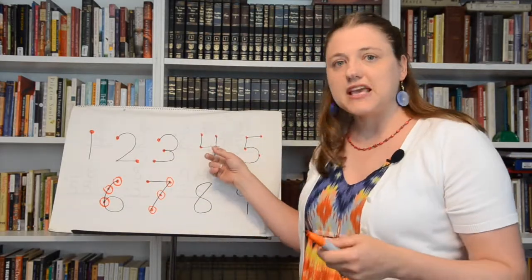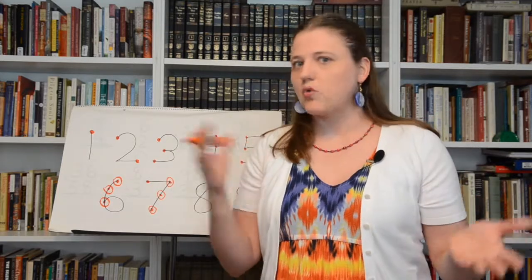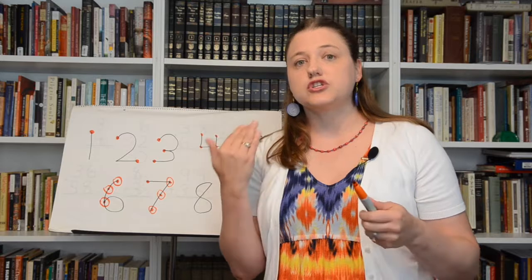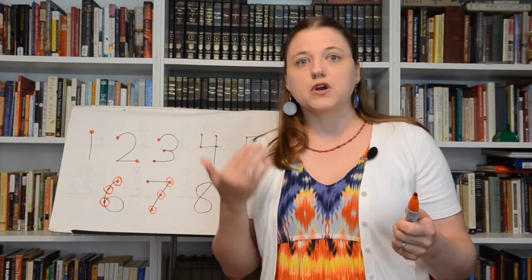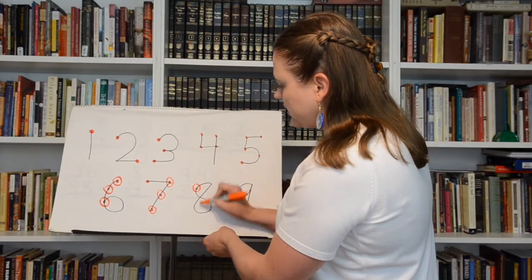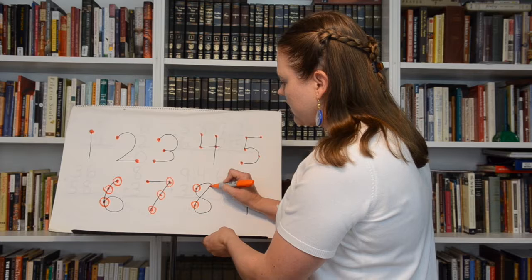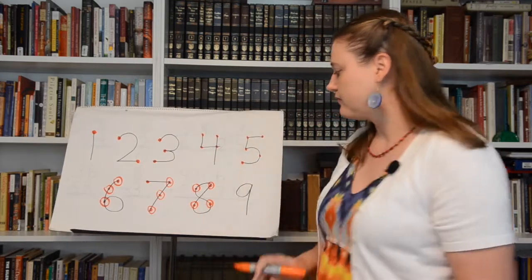And I ask them again, what shape did we do when we drew a 4? And they'll tell you a square or a box. And you're going to say we're going to do the same thing with the number 8. This time, however, we're going to make double touch points. So 1, 2, 3, 4, 5, 6, 7, 8.